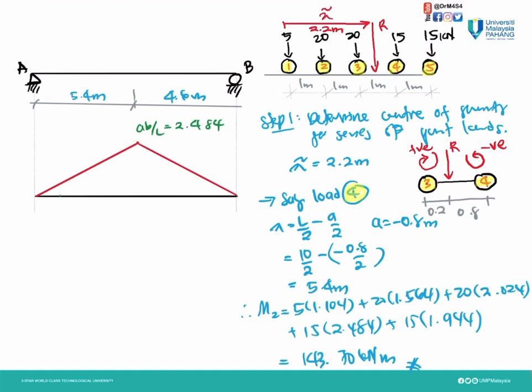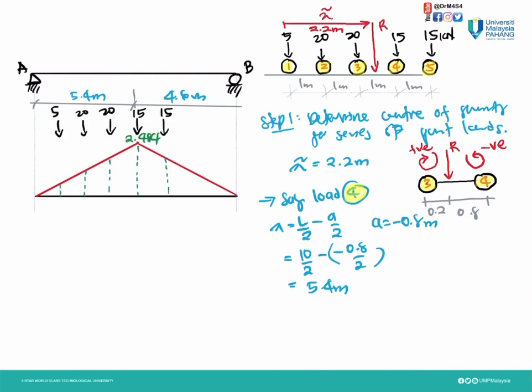Then we need to draw our influence line. We apply an internal hinge here to allow rotation, so we get our influence line. The maximum value for that is 2.484, and it's subjected to our 5 wheels with their respective loads. We know the highest value here is 2.484.